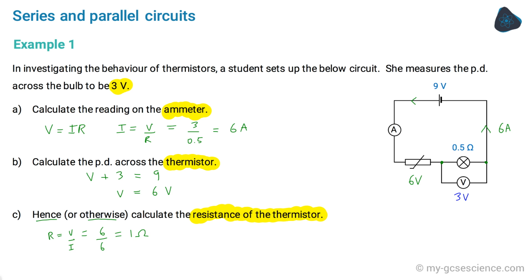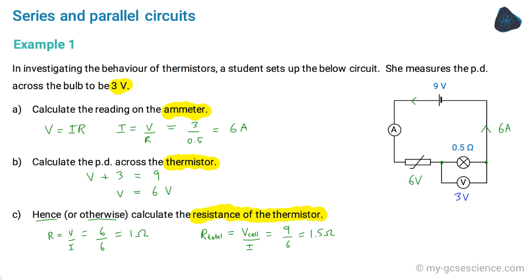But what was the second method that I mentioned just a moment ago? The total resistance of the circuit is going to be equal to the PD of the cell divided by the circuit current. Now subbing in my values, that gives 9 divided by 6, which is 1.5 ohms.